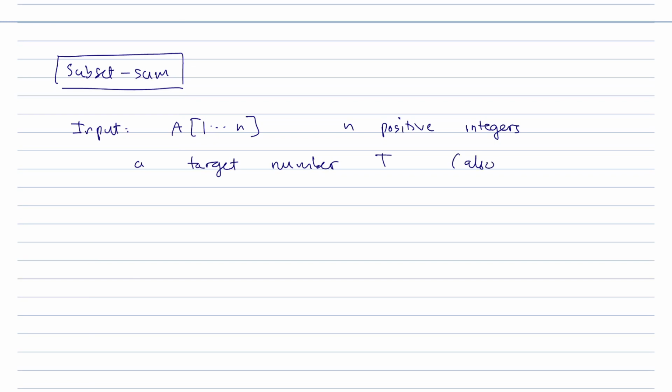In this problem we are given an input that is an array A that contains n positive integers, and a target number t, also integer, otherwise it is trivial.